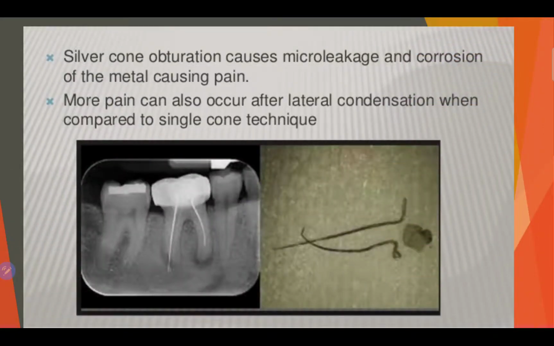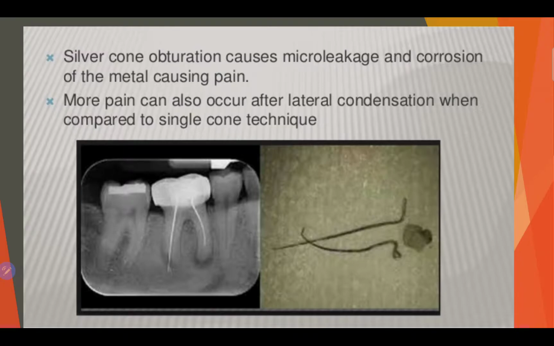Silver cone obturation causes microleakage. Why does it cause microleakage? Because, as we said before, there is no hermetic seal in the root canal, so it doesn't fit the shape of the root canal. It doesn't adhere to all the dentine in the 3D part of the root canal.